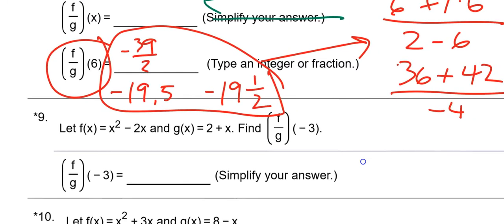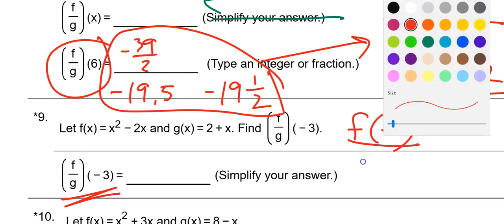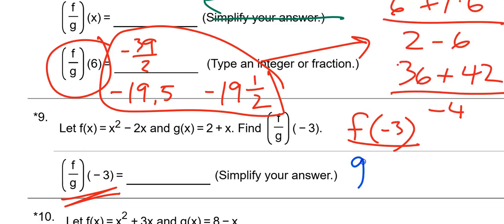Okay, so on number 9, what are they asking me to do? They want me to plug in -3 to the f function. They want me to plug in -3 to the g function. And they want me to divide them. So figure out the red, figure out the blue, and divide them.